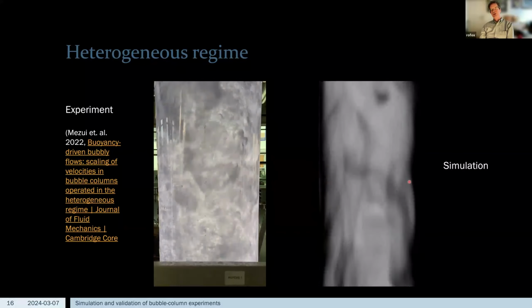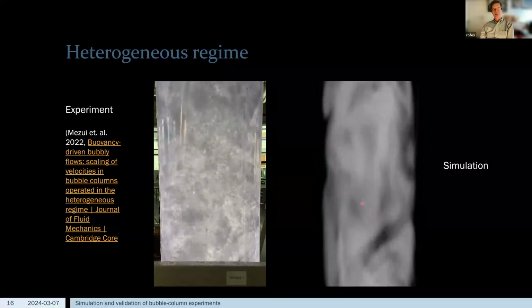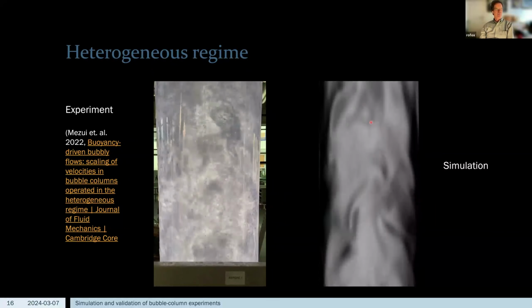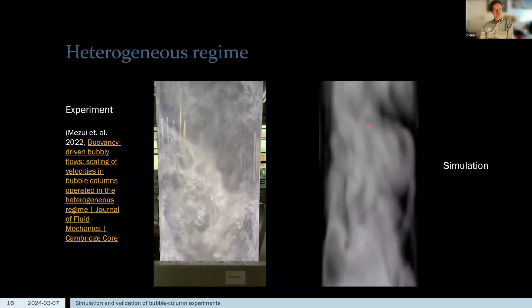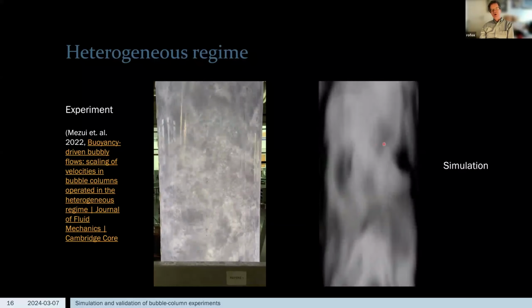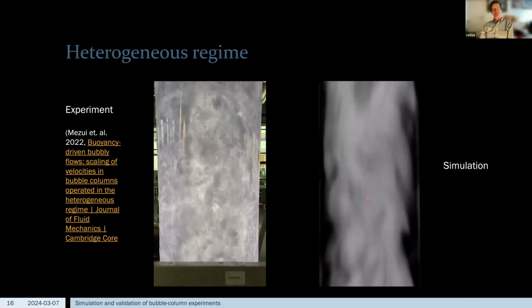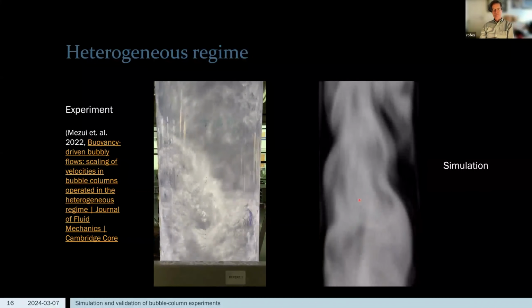The low volume fraction regions near the wall are moving down very quickly, and near the center and across nearly the whole column, you get very high upward velocities when you have a higher volume fraction. So it's a buoyancy-driven flow where there's segregation due to the hydrodynamics that causes things to become heterogeneous and quite turbulent.